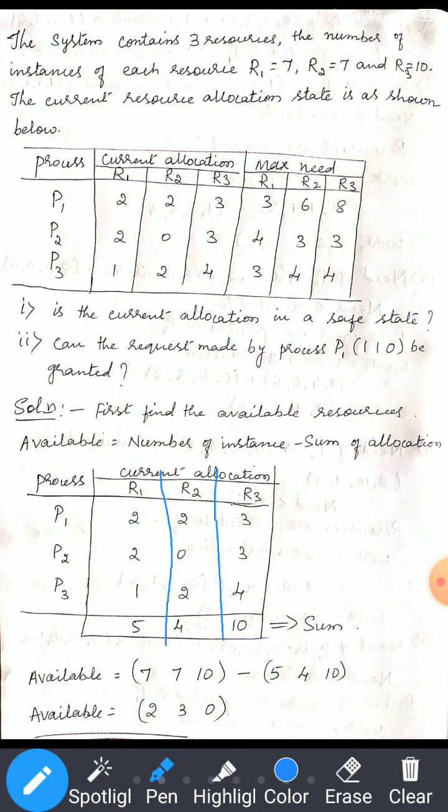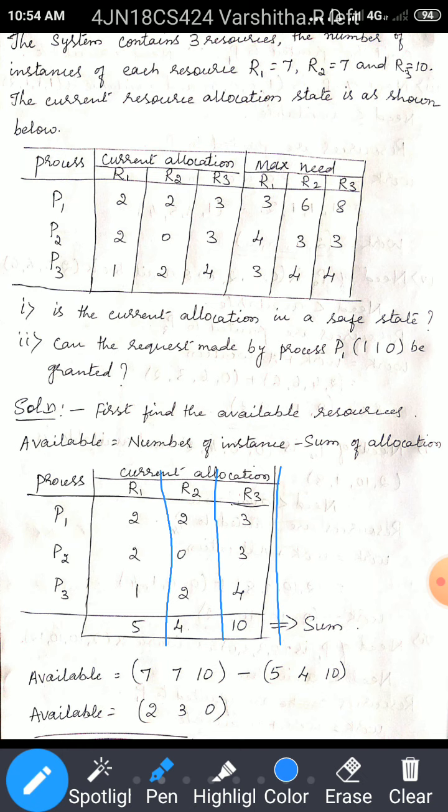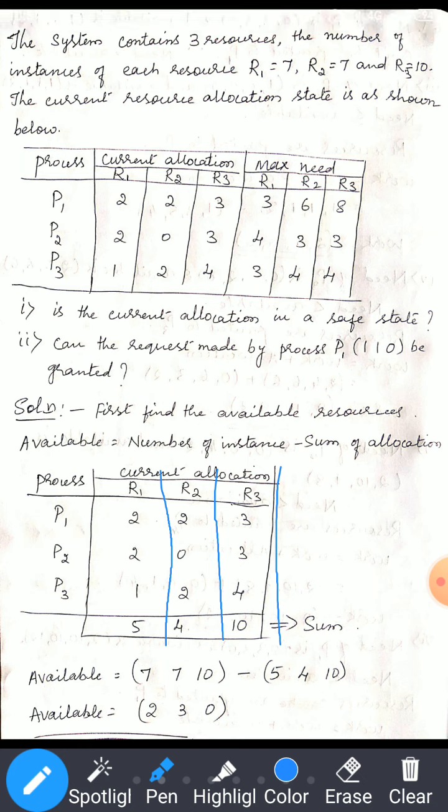Similarly add R2 and R3 column wise, so that you get the total resources allocated to P1, P2, and P3. Total R1 instances are 2 plus 2 plus 1, which is equal to 5. For R2 it is 2, 0, 2, which is 4, and for R3 it is 3, 3, 4, which is 10.